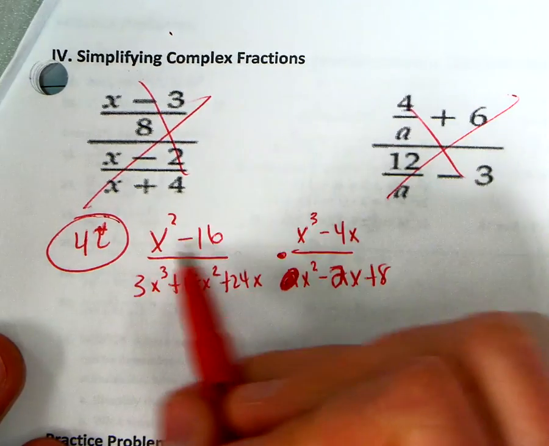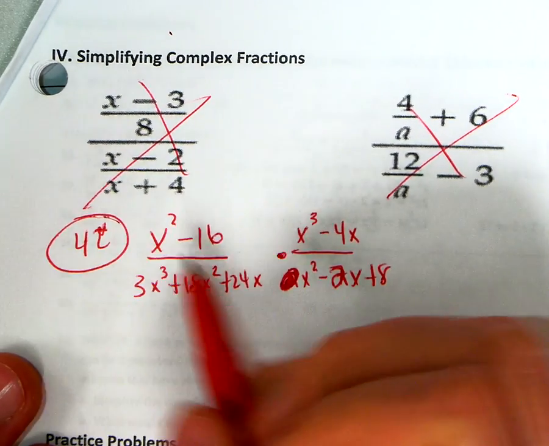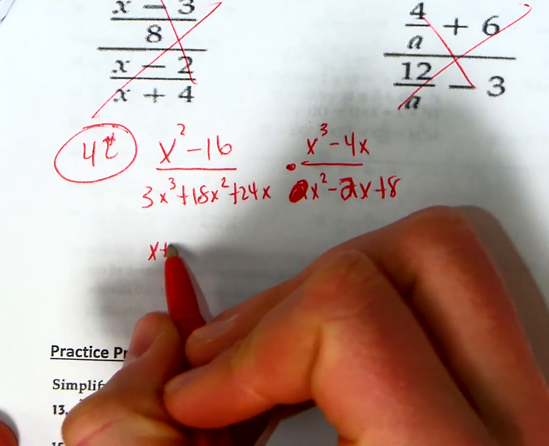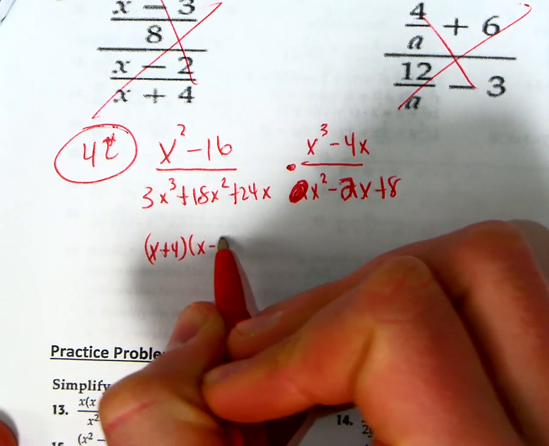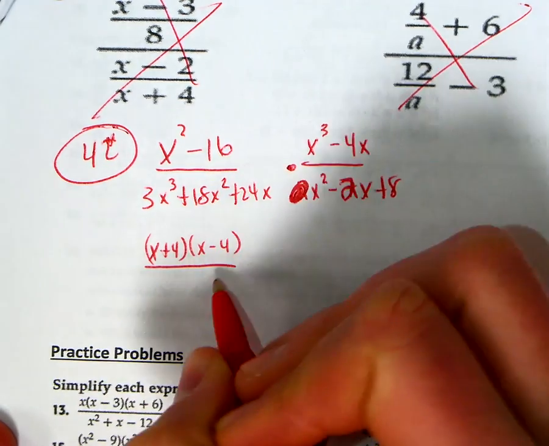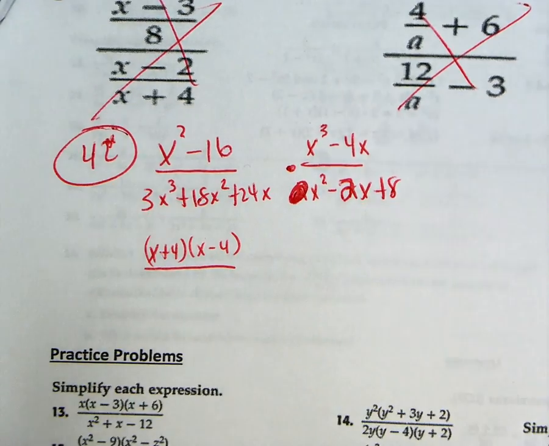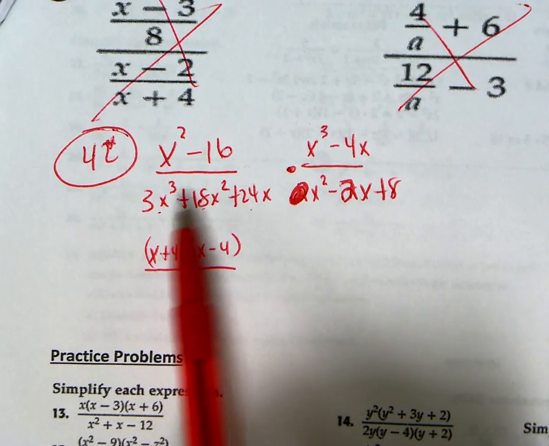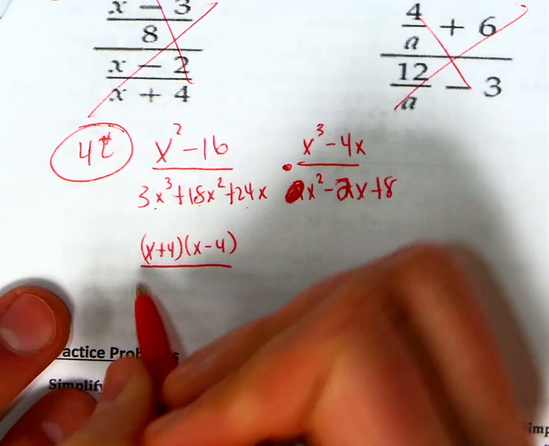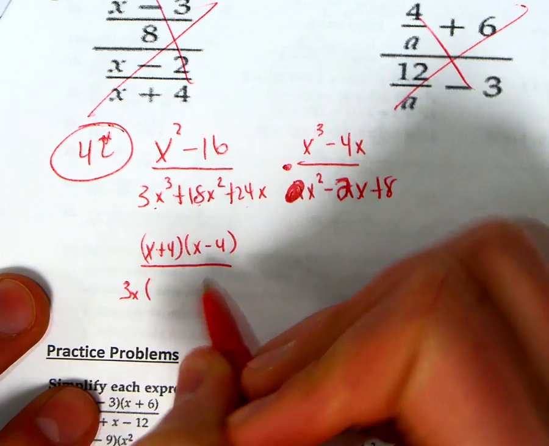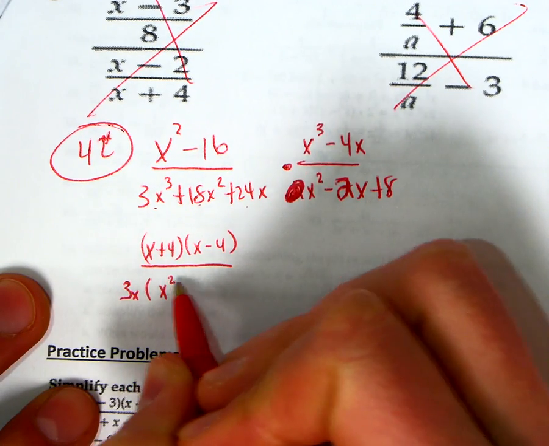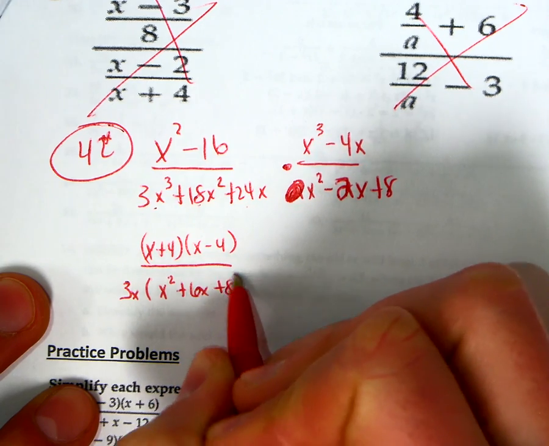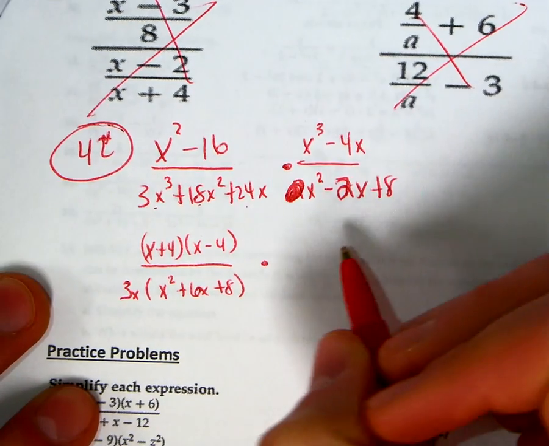So the first thing I'm going to do is worry about this top one here. I can factor this. This turns into x plus 4, x minus 4. Now I'm going to worry about the bottom. There's a cubed, but notice every term has an x involved, and they're actually all divisible by 3. So I'm going to take a 3x out. And so I have an x squared plus 6x plus 8, all multiplied with.